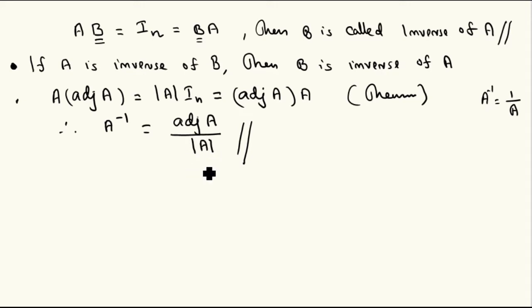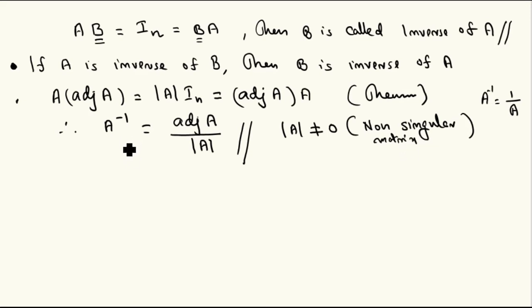But we know that division by 0 is not defined. So determinant A should be not equal to 0. That means A should be a non-singular matrix. Then only we can find the inverse of a matrix using this relation, A inverse equals adjoint of A divided by determinant of A.